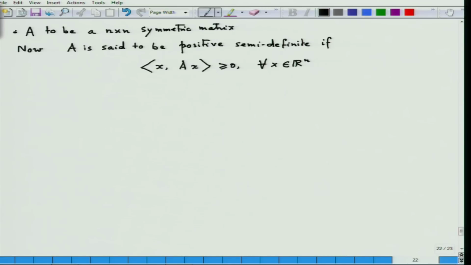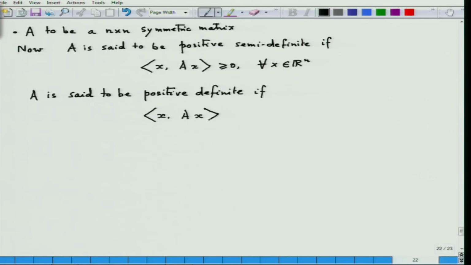So, this condition is always taken, and now A is said to be positive definite if x transpose Ax is strictly bigger than 0 for all non-zero x in Rn.